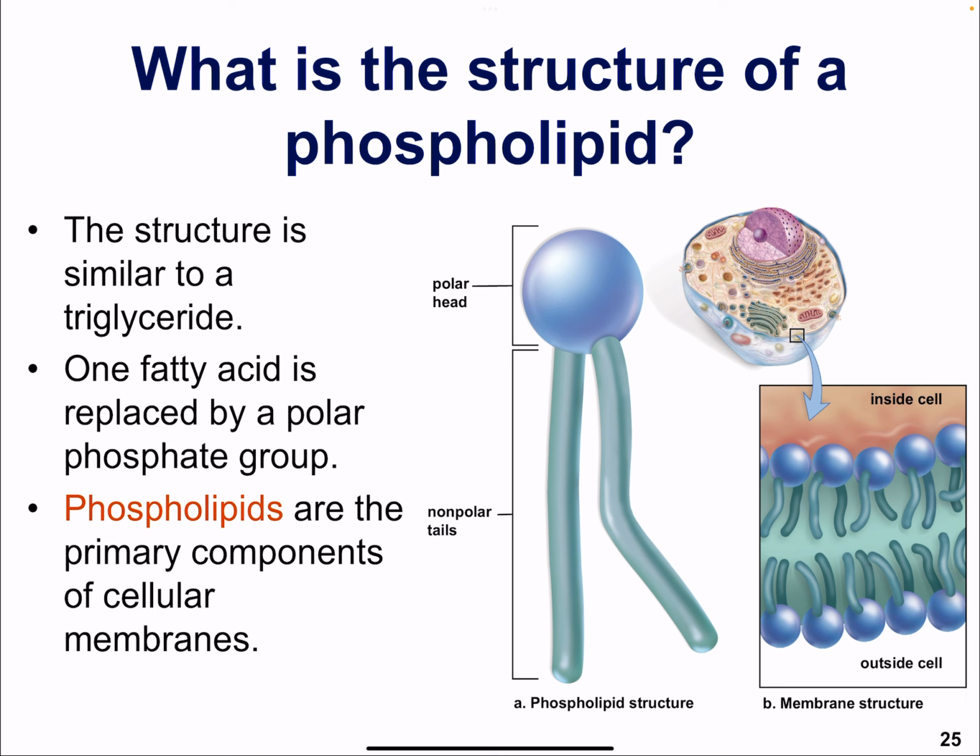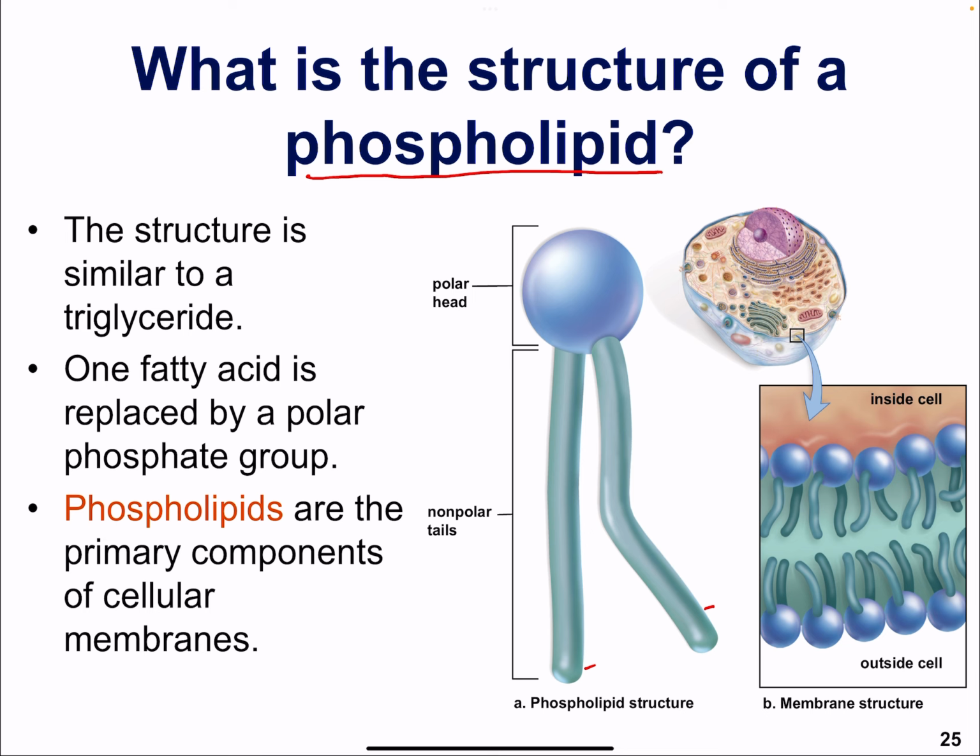We call this fat molecule that is phosphorylated a phospholipid. That phospholipid is going to be made up of a glycerol molecule, two fatty acids, 1 and 2, and a phosphate head.